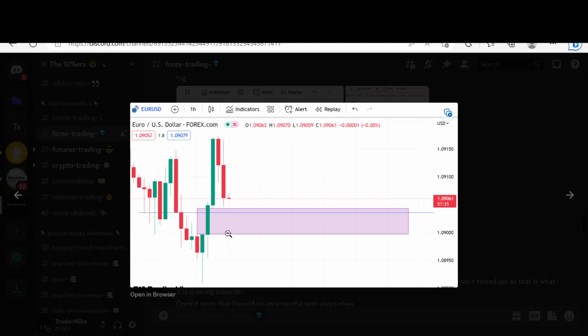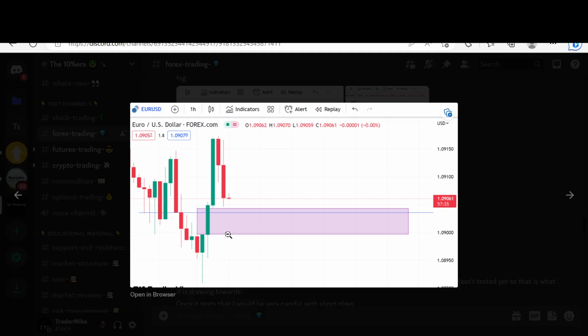What is that? Well, that's serving as a draw on liquidity. Remember, not only do fair value gaps serve as nice reversal points, they'll often present you with nice reversal opportunities, but whenever we have a fair value gap that has not been traded into, it serves as a draw on liquidity.